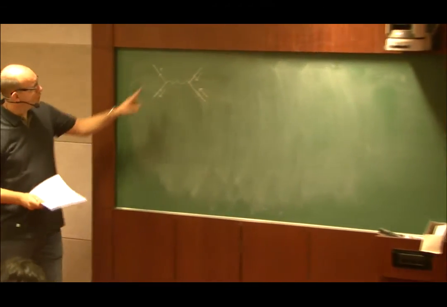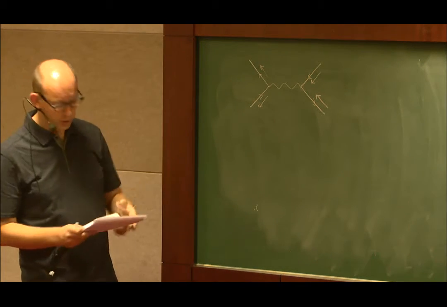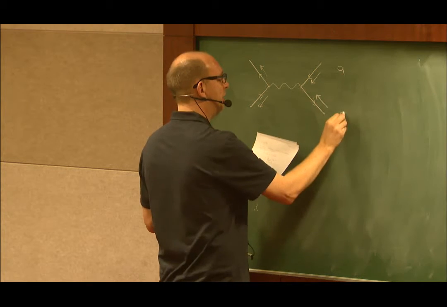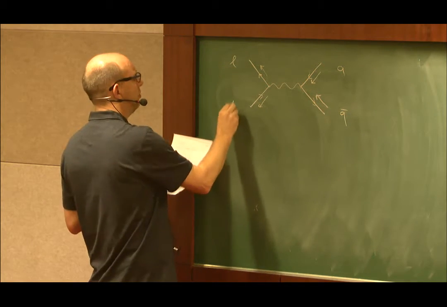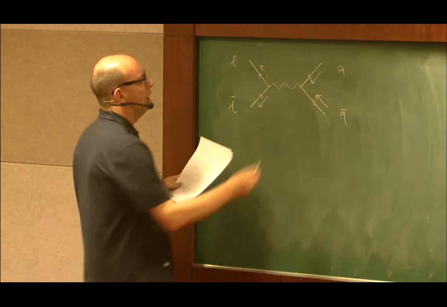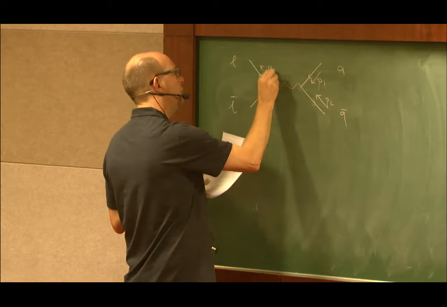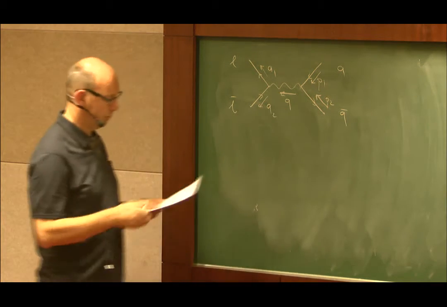And you know that if the charge flow and the momentum flow are in the same direction, it's a particle, and if it's in the opposite direction, it's an antiparticle. So this would be a quark, this would be the antiquark, and this would be the lepton, say, and the antilepton. And this we call momentum p1, and this momentum p2, and this q1 and q2. And this is momentum big Q, or just Q.